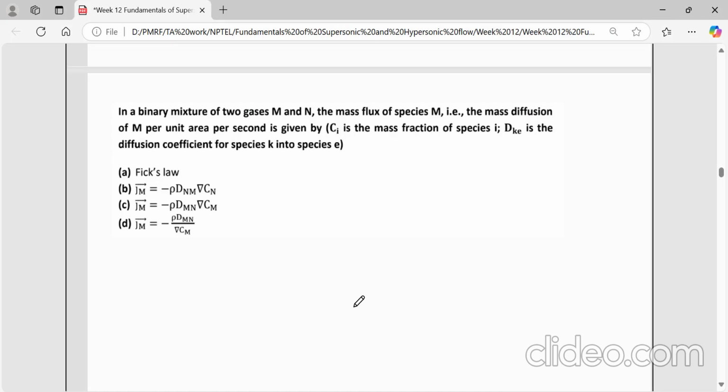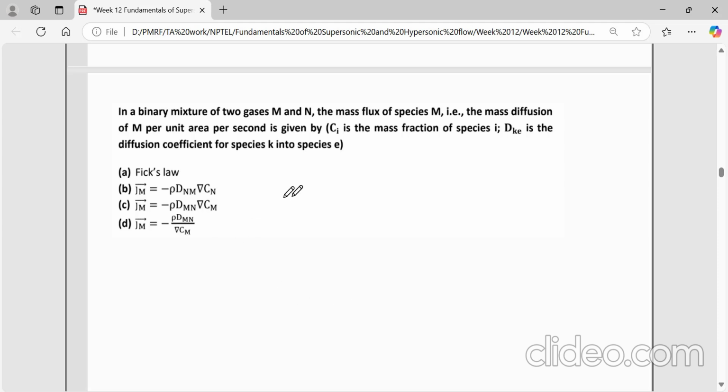Option A is the Fick's law. Option B, Jm bar equal to minus rho Dnm del Cn. Option C, Jm bar equal to minus rho Dnm del Cm. Option D, Jm bar equal to minus rho Dmn upon del Cm.